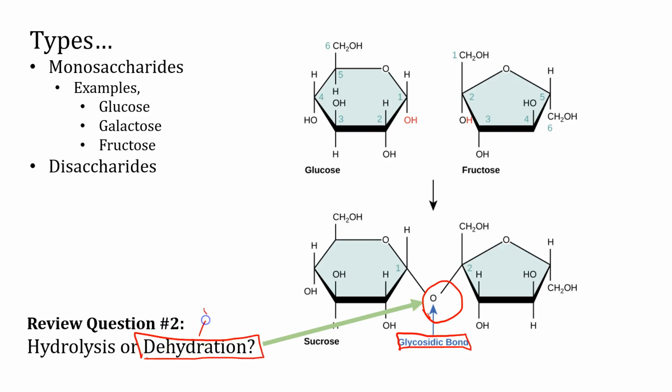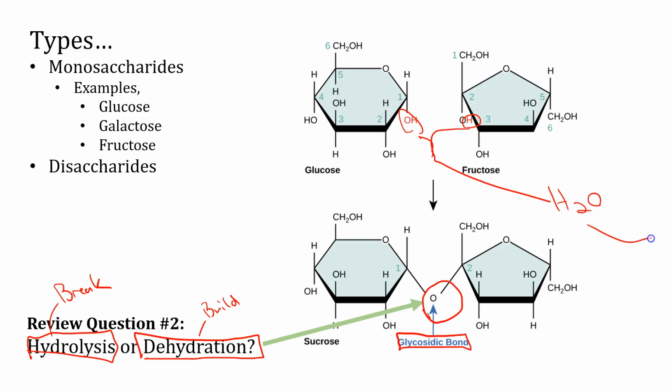Remember, this is going to build, and this is going to break. So these combine to form water, and then water is going to leave. We don't see that in this picture per se, but that would be what was happening. And in the process, we've linked 2 things together. They're bound by a glycosidic bond.